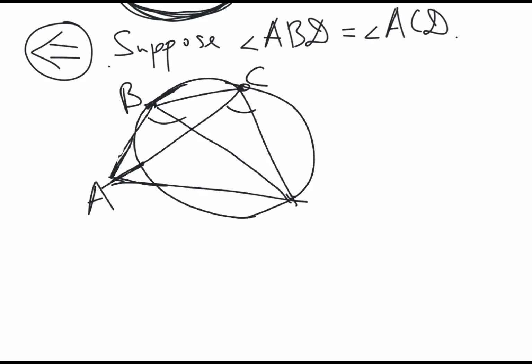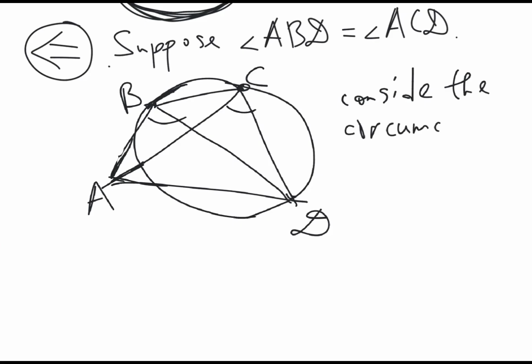So A, B, C, D. We consider the circumcircle of the triangle BCD, and let's say that it intersects the diagonal AC at some point A prime. A prime. This is this point.